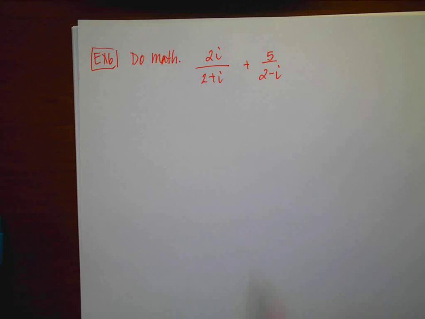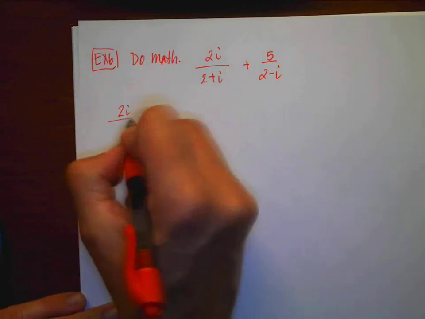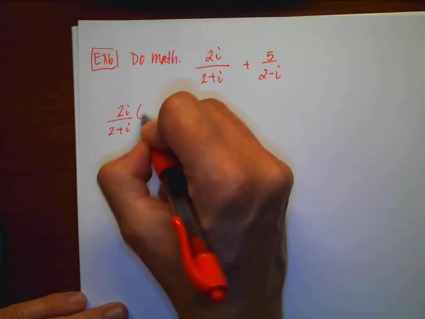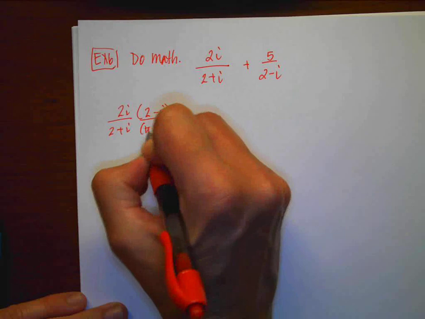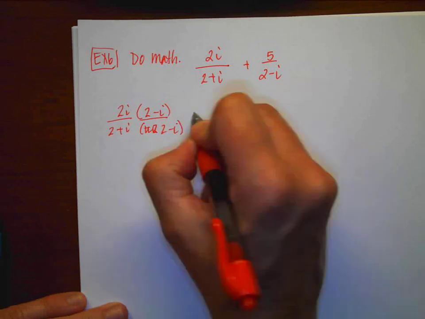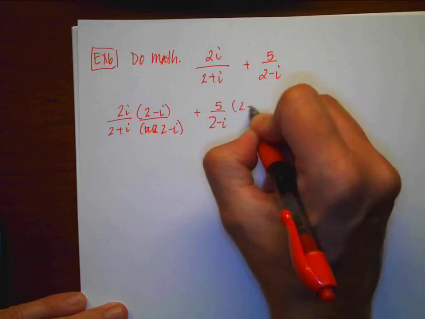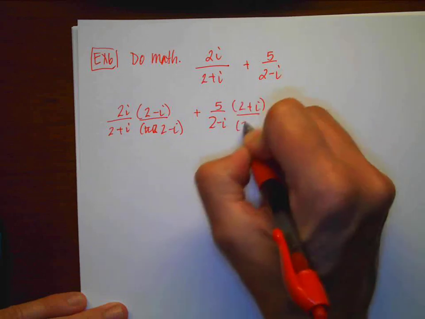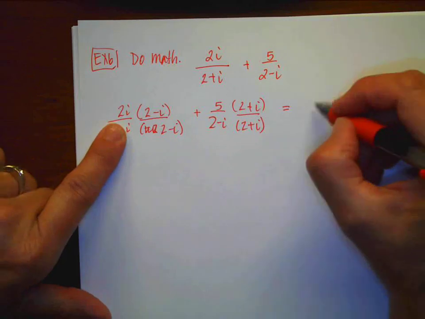So this is a tricky situation because I have 2 complex fractions, so I'm going to manage each fraction separately. So in the first fraction, 2 plus i, I'm going to multiply by its conjugate, 2 minus i. And the second one, 2 minus i, I'm going to multiply by its conjugate, 2 plus i.